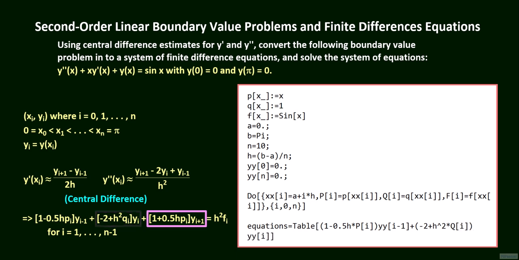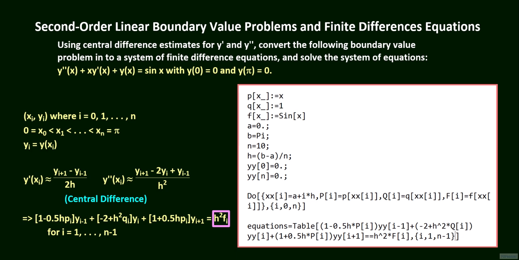And the final term is plus the quantity 1 plus 0.5 times h times P_i, times y_{i+1}. We have a double equals because this is an equation. On the right side is h squared times F_i, where i goes from 1 to n minus 1.